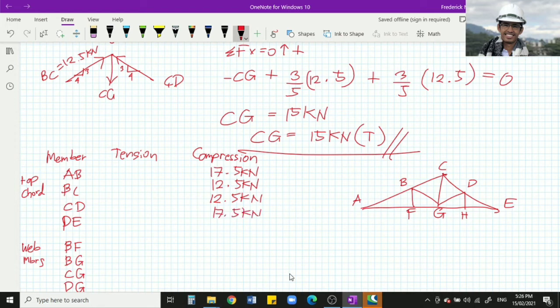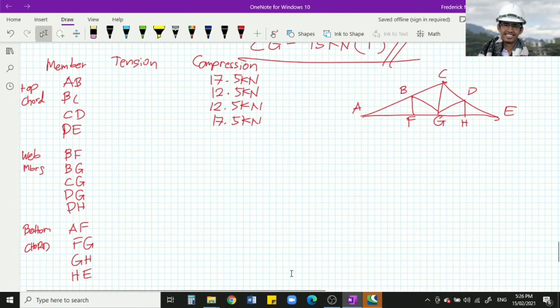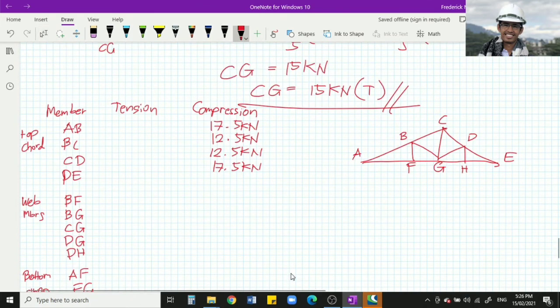kilonewton. And for the web members, tension yung BF natin, okay? So yung BF natin is 6 kilonewton. And yung BG natin will be compression siya. So that will be 5 kilonewton. And for the CG, tension siya, that will be 15 kilonewton.